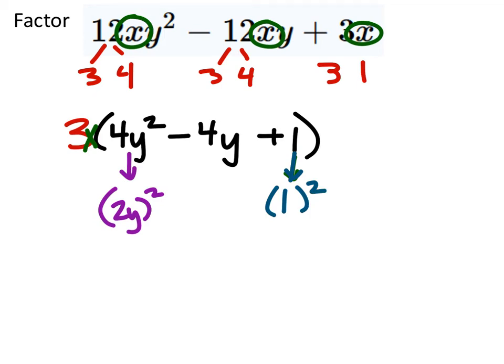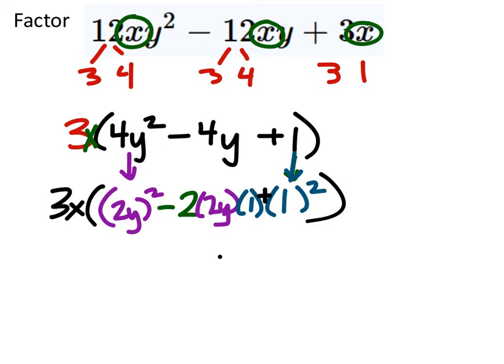So again, we should just check that middle term to make sure that it's 2 of each of those. Now this is minus, right? So we got 2 minus 2 times a, 2y, times b, which is 1. Yeah, we got the 3x out in front. So I haven't forgotten about them yet.